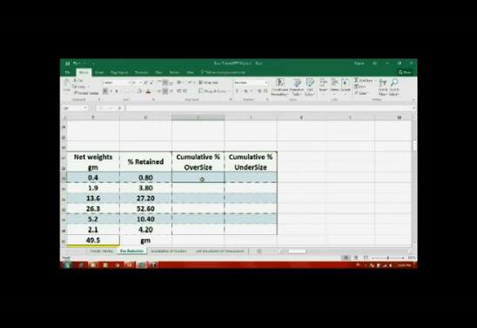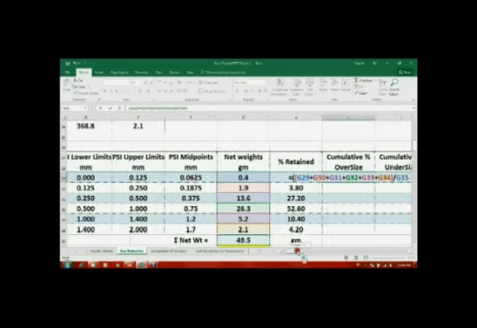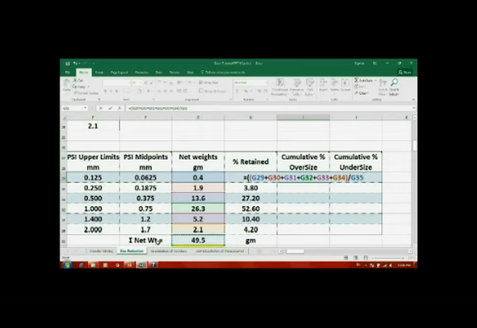Then for the first interval, it is equivalent to the amount retained in all particle size intervals, because all particles are larger than this interval lower limit, which is 0. Sum these and divide by the summation of net weights. Notice here we have a cell in which we calculated the sample's net weights.